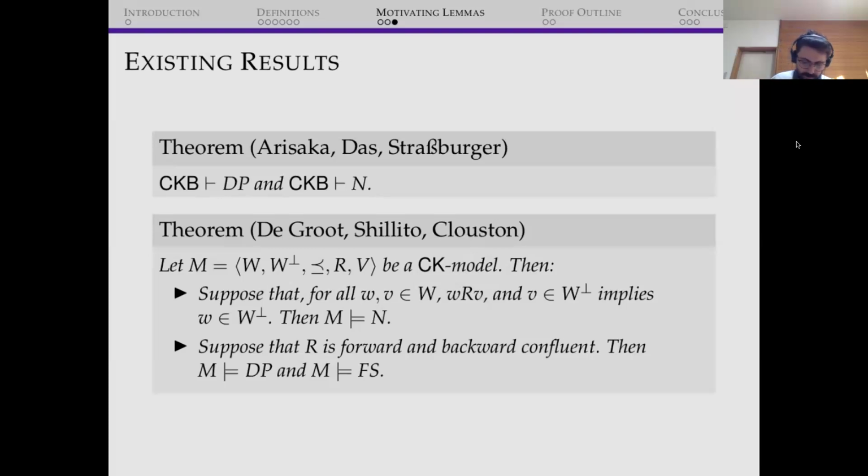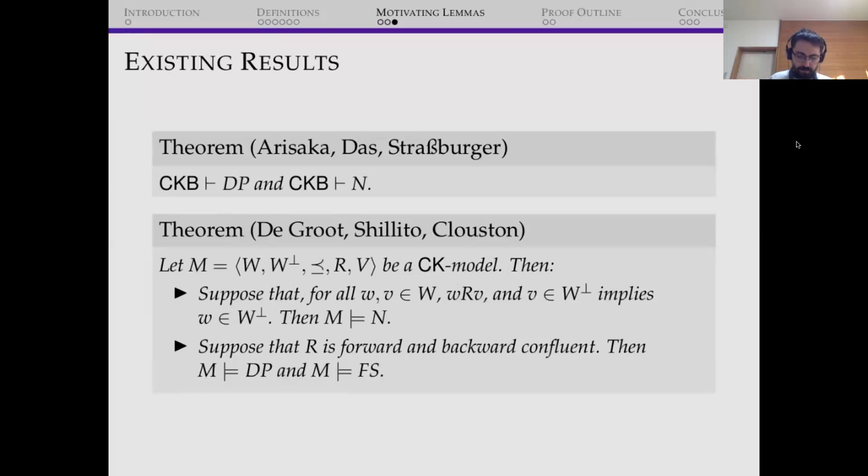First, there's a theorem by de Groot, Shillito and Clouston in a recent preprint, where they characterize the extra axioms you need to add to CK to get IK, and essentially this points to the natural way of defining CKB models: if we have completeness, then we would have the equivalence. That is still not the result, but it points towards it.